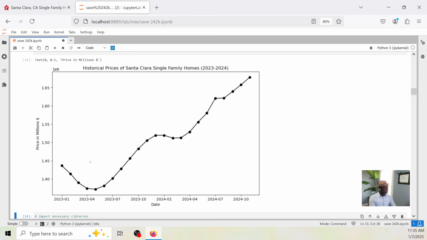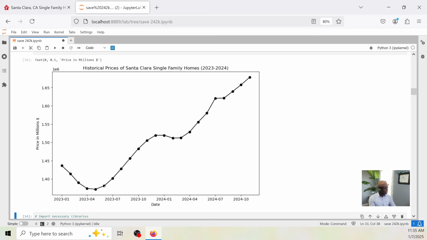So as we can see, there's a positive correlation. It started off negatively as the months went by, starting with 1.37 million, and then the prices decreased. And most recently, for instance, starting in July, we've seen a positive increase. This pattern and trend is one that we can observe since April, May of 2023.